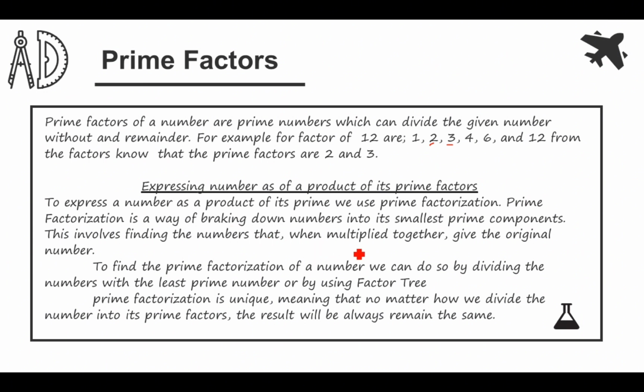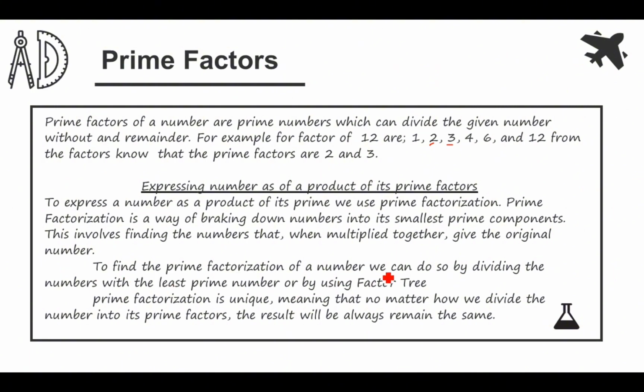This involves finding numbers that when multiplied will give the original number. The simplest way to put it is using only prime numbers to divide a particular number until no number can divide again.